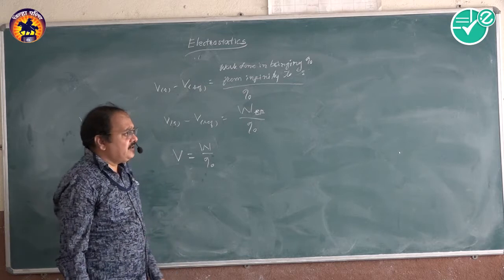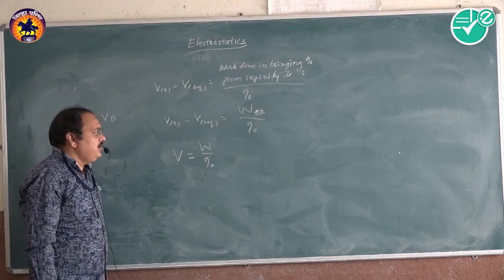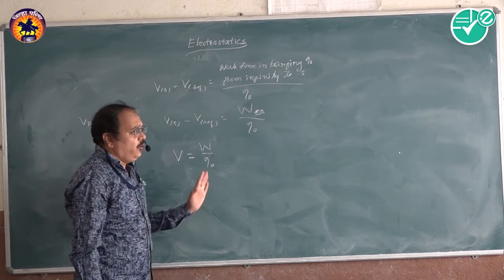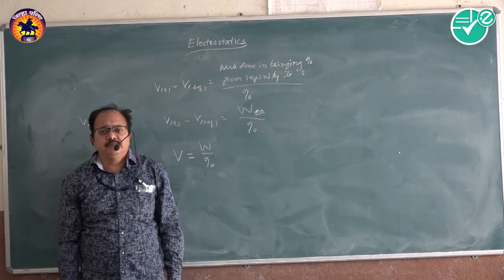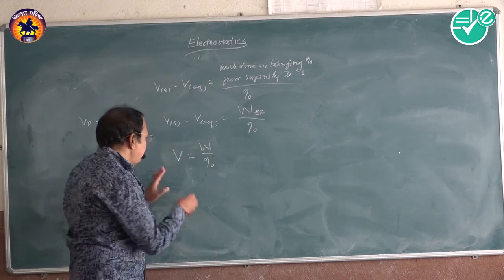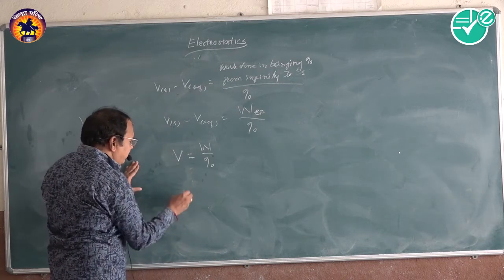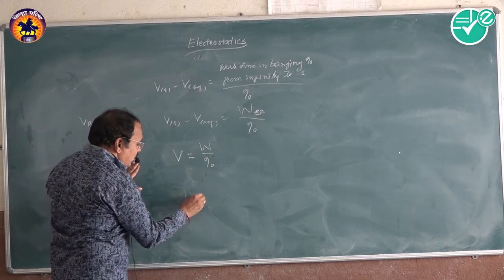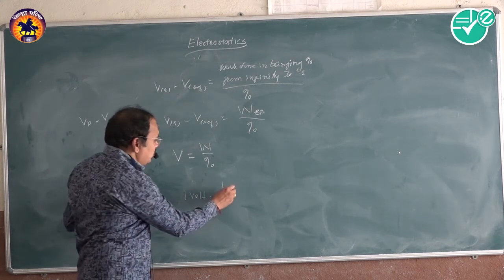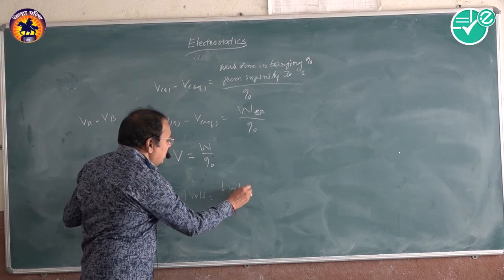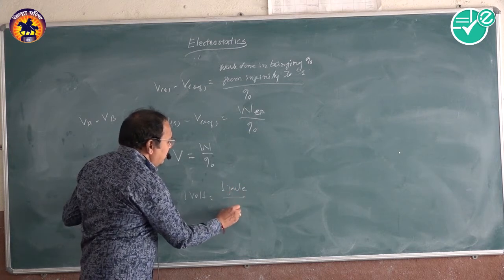So, we know that joule per coulomb is said to be a volt. Now, in defining 1 volt, that means when will the value of potential be 1 volt? 1 volt is equal to 1 joule upon 1 coulomb.